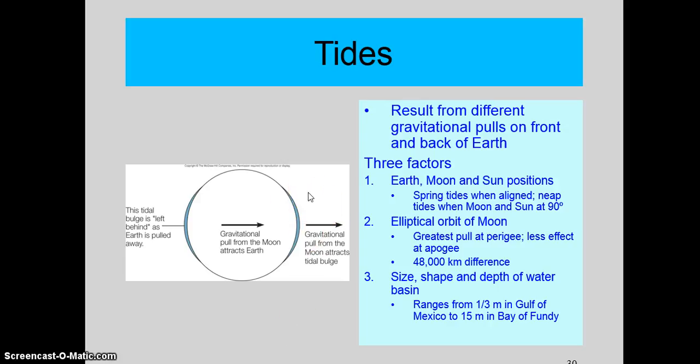So it varies from location to location, but even the land is affected by the tides, because it's differential gravitation. But because it's a solid object, it's not even noticeable. You would have to have special equipment to actually measure that.